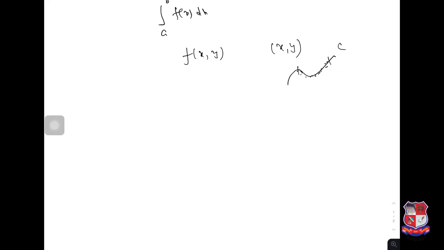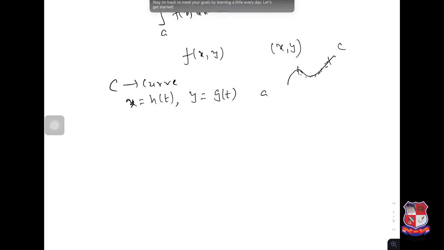So let us start with the curve C. Let us assume that this curve is parameterized by x equal to h(t) and y equal to g(t), with t lying in the interval a to b.